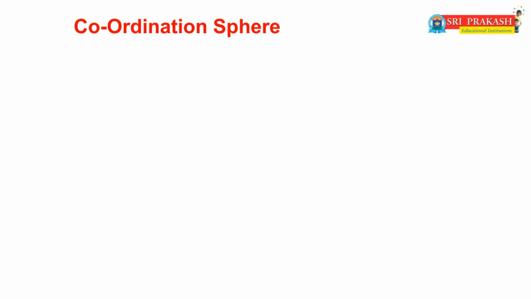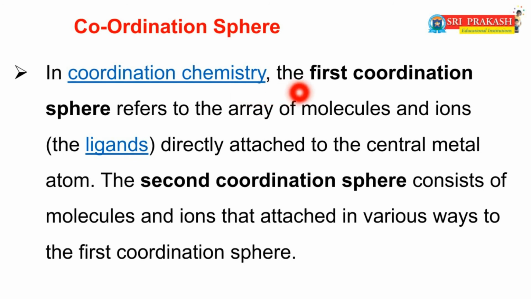Now we will discuss another part in coordination or complex compounds, that is coordination sphere. In coordination chemistry, the first coordination sphere refers to the array of molecules and ions, those molecules or ions being ligands directly attached to the central metal atom.